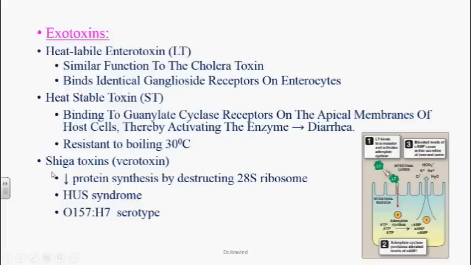And it can secrete one more variety of toxin called Shiga toxin. This is referred to as Shiga-like toxin, and the other name for Shiga-like toxin is verotoxin.